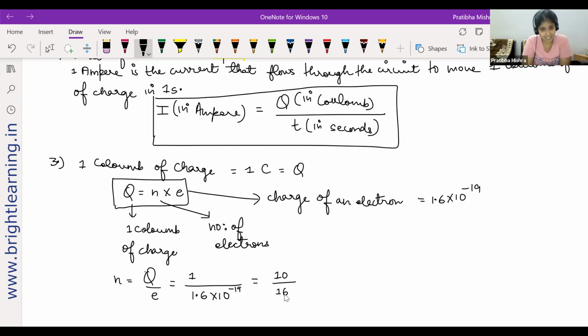So 10 by 16, and 10 to the power minus 19, we take it to the upward side, and it becomes 10 to the power plus 19, using laws of exponents. Now 10 by 16, let's simplify it. 10 by 2 is 5, 16 by 2 is 8. You can't simplify further.